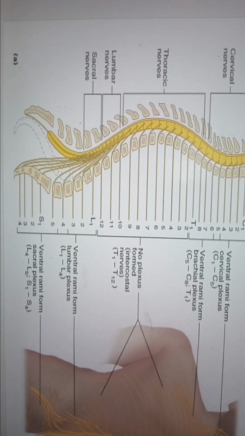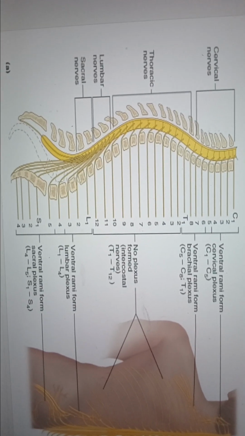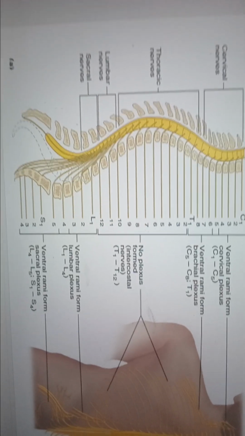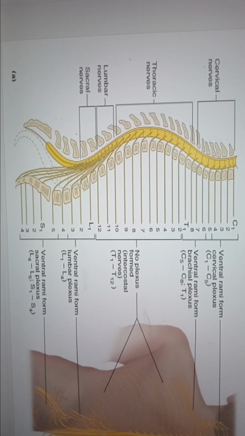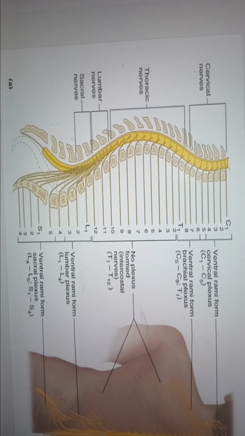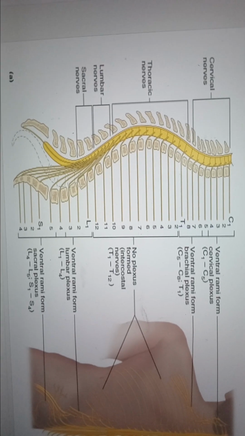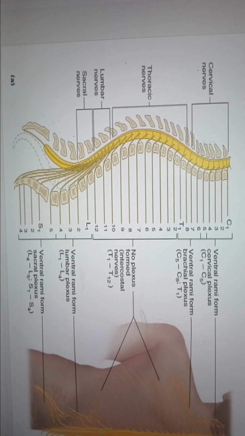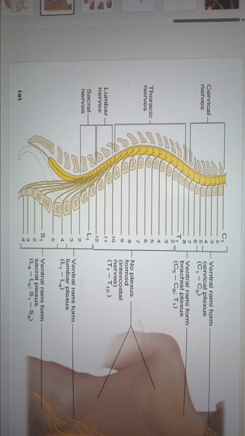Now, thoracic nerves are ranging from C5 to C8 and T1. Sorry, I'm wrong here. Thoracic is ranging from T1 to T12. C1 to C8 is the cervical. Lumbar nerves are ranging from L1 to L5, and sacral are ranging from S1 to S4. But what is the plexus?